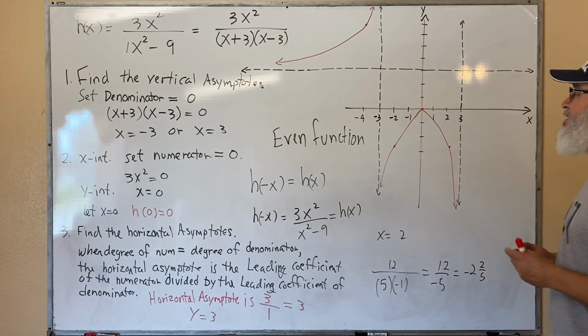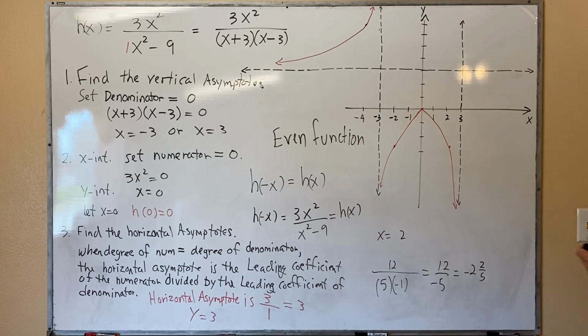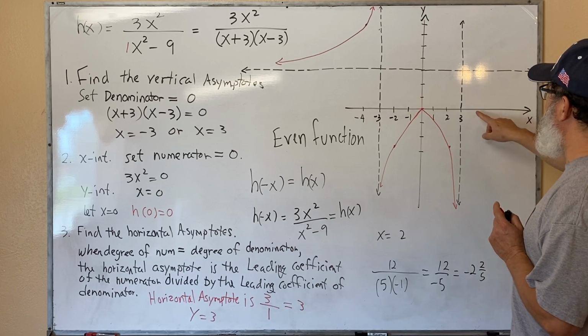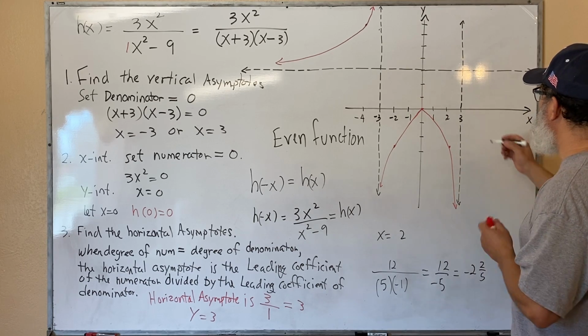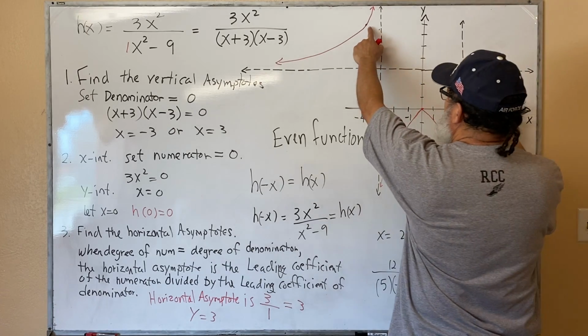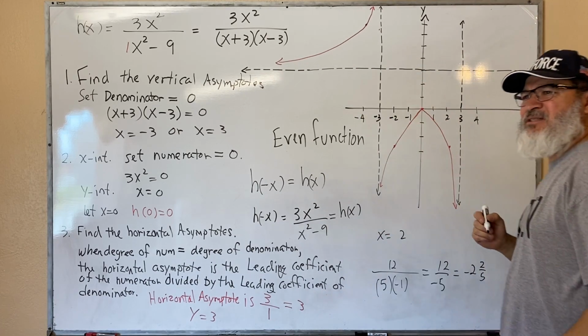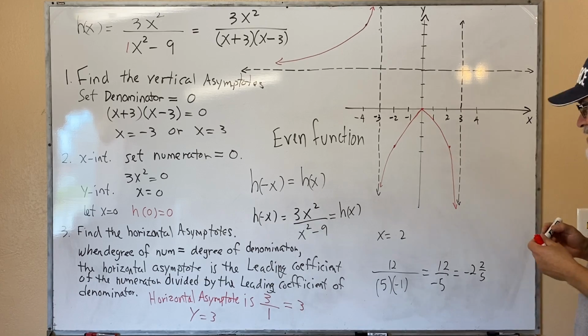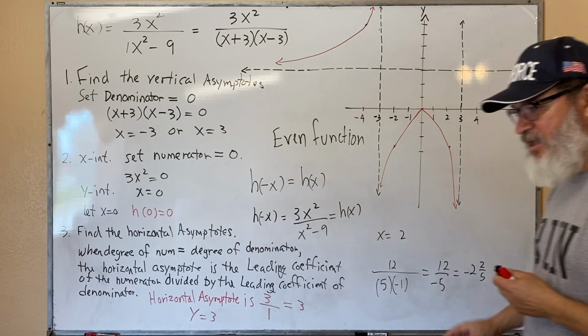Okay? Because it's an even function, I bet that if you plug in 4, guess what you're gonna get? If you plug in 4, you're gonna get the same thing we got before, right there. What was it? I forgot what it was. Okay, you can just plug it in.